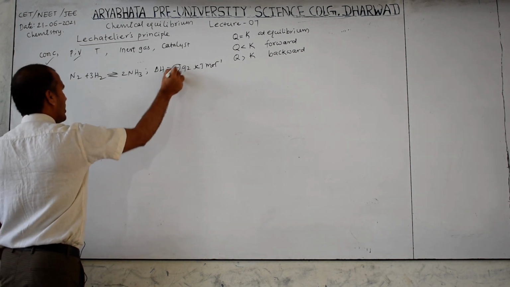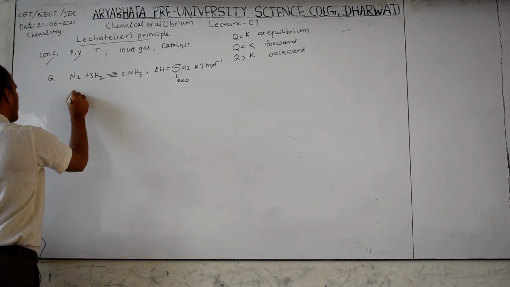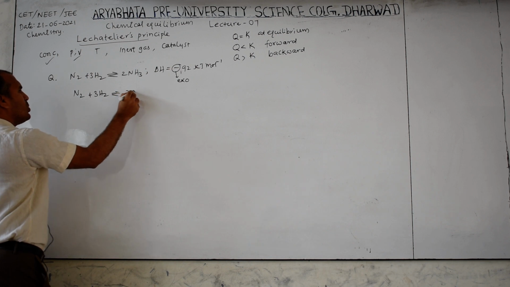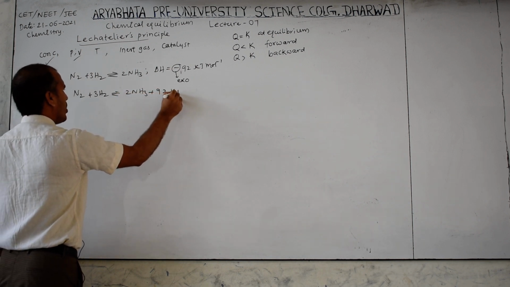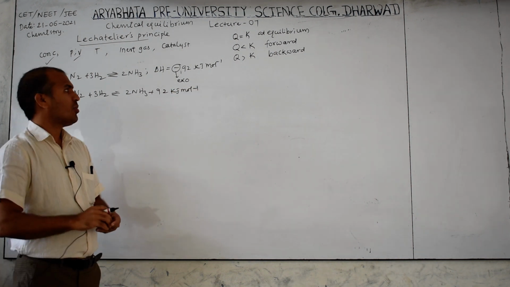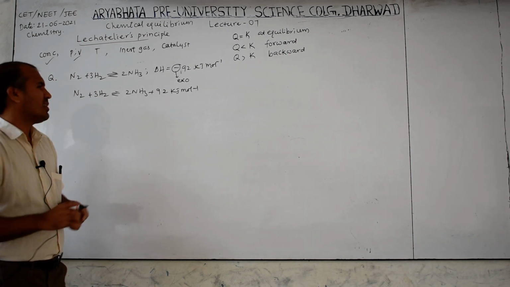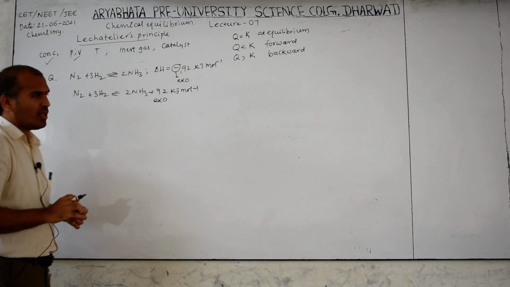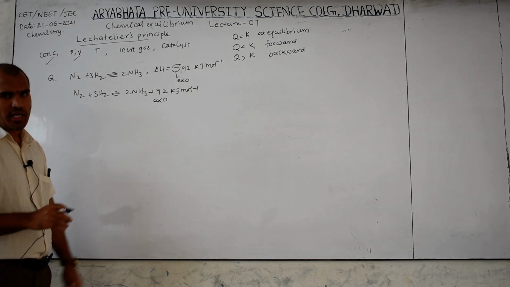Negative given means this indicates exothermic. Otherwise this reaction may be given like this also: N2 plus 3H2 gives rise to 2NH3 plus 92 kilojoule per mole. Then don't get confused, you were told minus means exo, but here plus is there. If plus is on the product side, you have to consider this an exothermic reaction. If plus 92 is on the reactant side, that is an endothermic reaction.